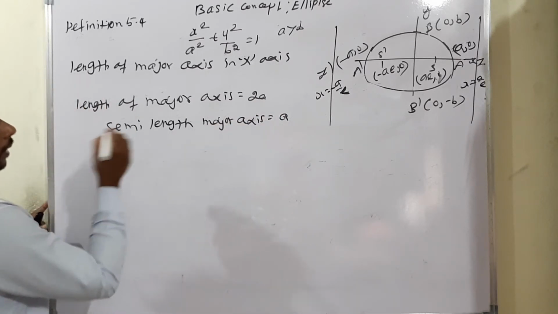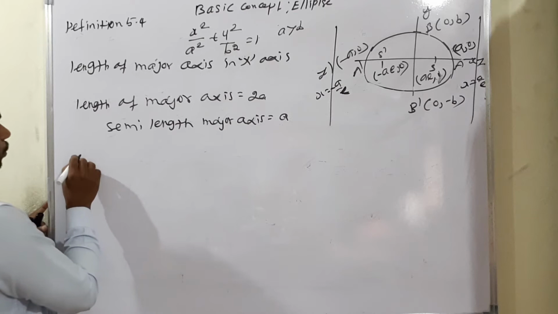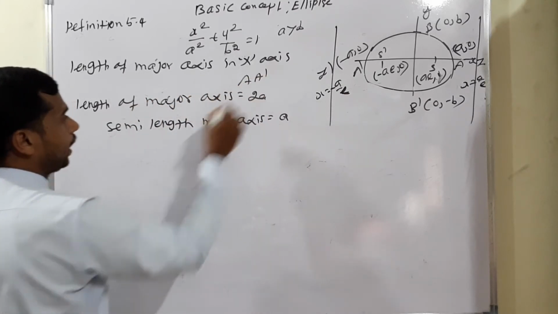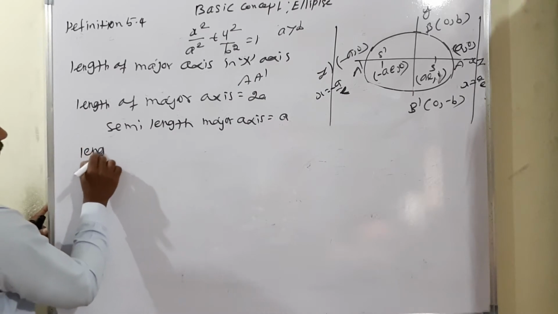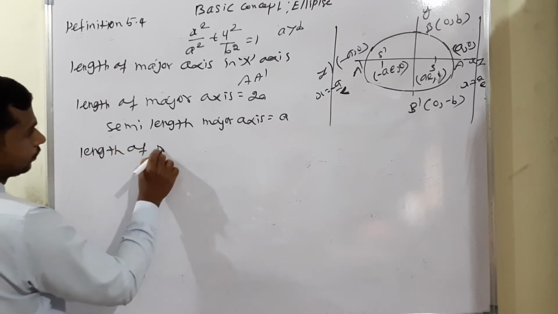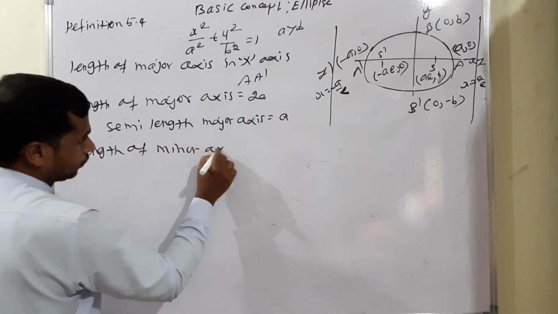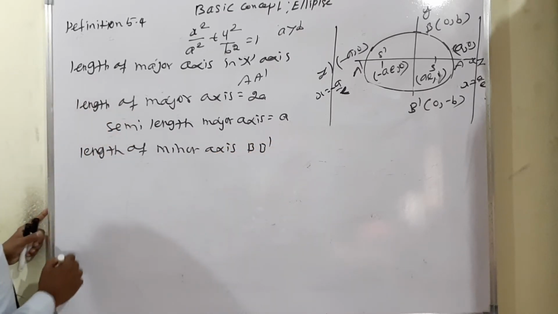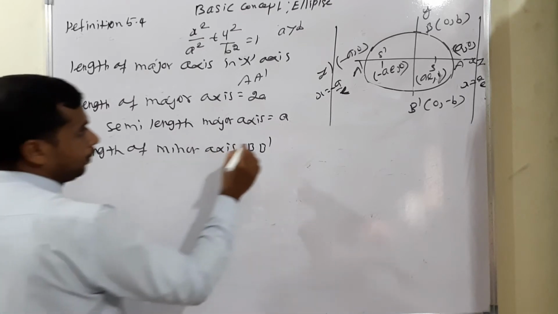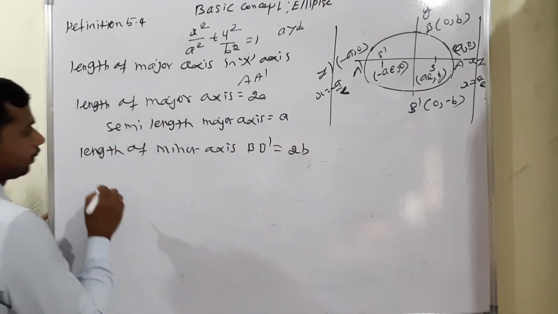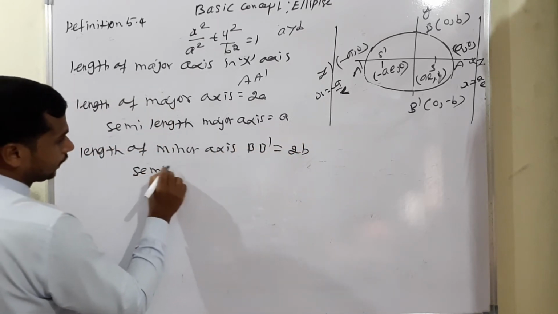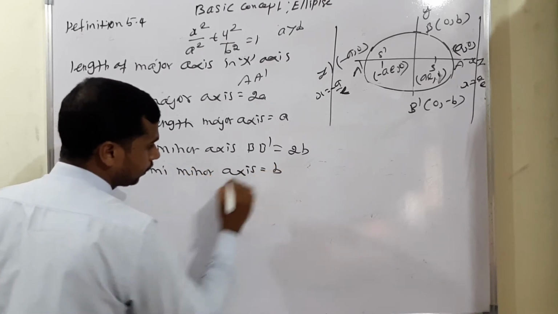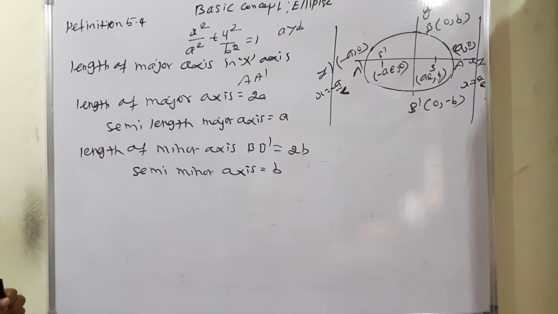Now for the minor axis, the length of minor axis will be 2B. The length of minor axis is considered for B dash on the y axis. Therefore, B dash is equal to 2B, and the semi minor axis is half of 2B, that is B only.